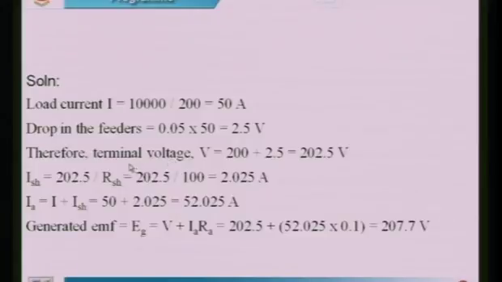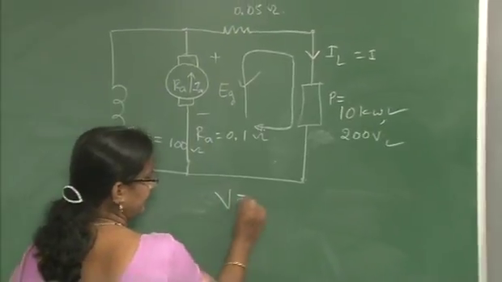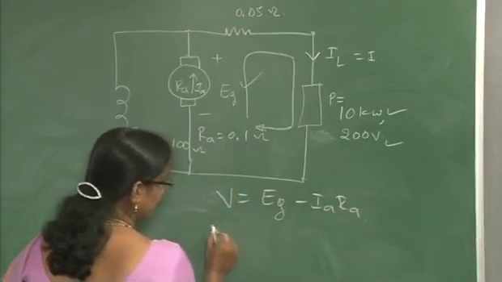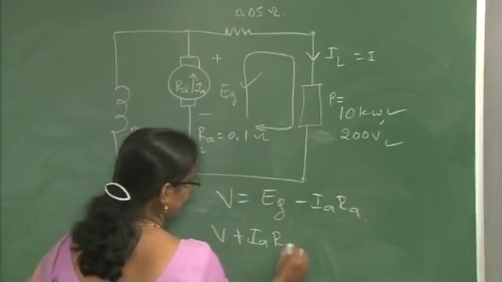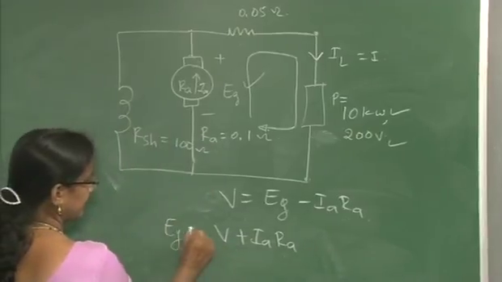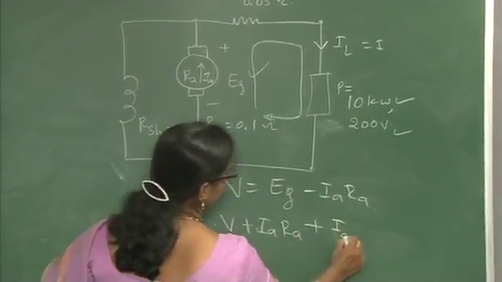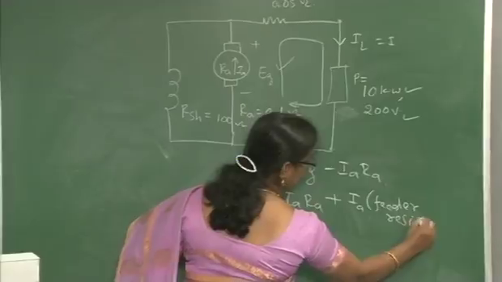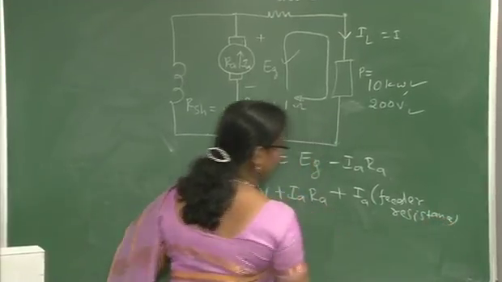So the terminal voltage V is equal to Eg minus Ia Ra, and since you are considering the feeder, you also have to consider the drop across the feeder. So Eg is equal to V plus Ia Ra, plus Ia into the feeder resistance, which represents the drop across the feeder.